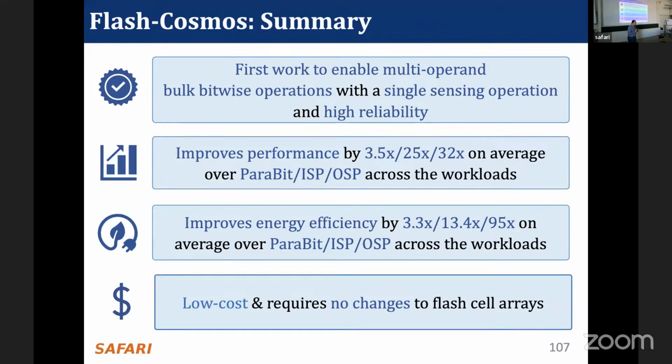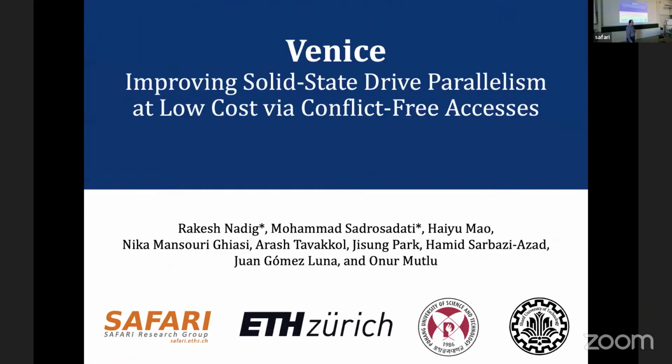Traditionally, storage systems are designed with internal parallelism that is good enough to support normal operations of storage, and also some internal tasks like garbage collection. But if you also want to do computation inside the storage, then you need to revisit all these things and see if the internal parallelism is really enough. That's the reason I want to present this work, Venice.